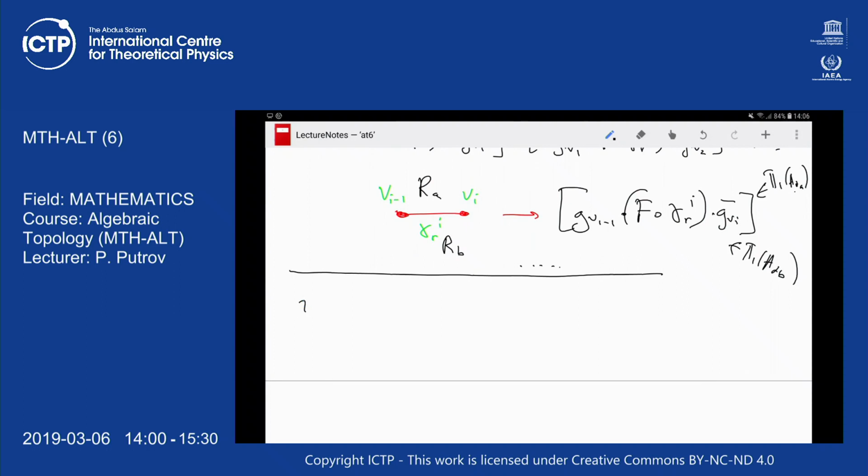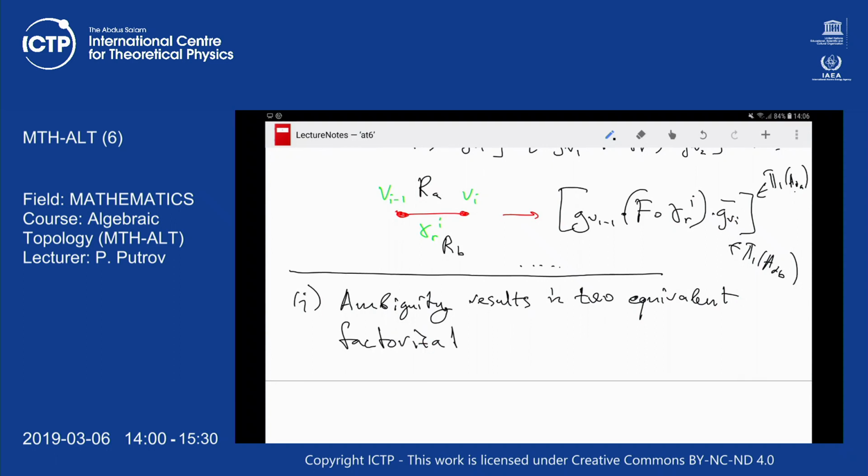So we can make this statement, which we'll use: that the ambiguity results in two equivalent factorizations of f composed with gamma r.